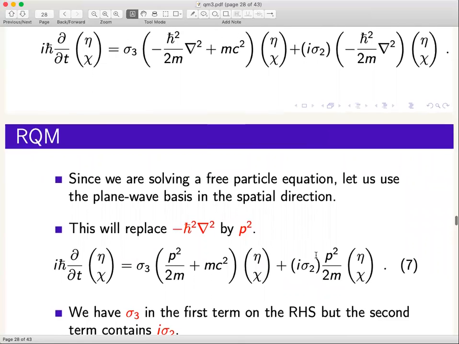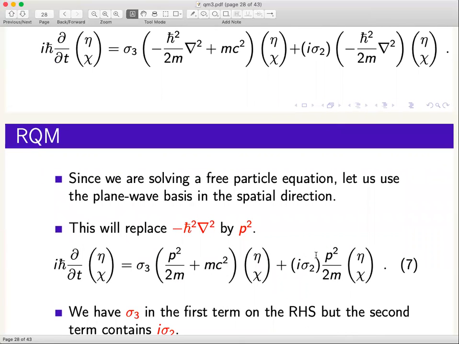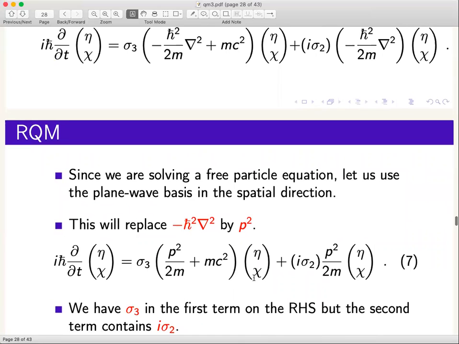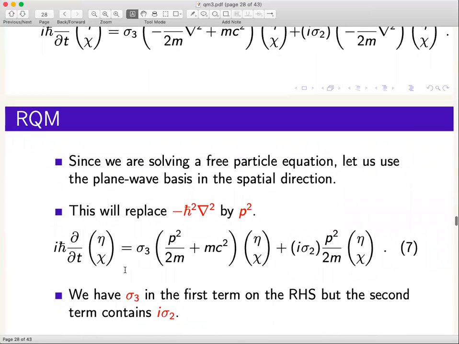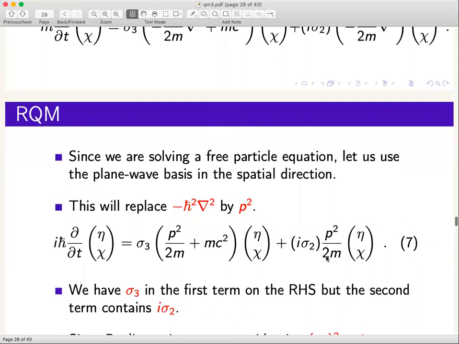Okay, fine. So what we will do now is take the right hand side of this piece and try to diagonalize it. Now notice one thing: although this piece is multiplied by sigma 3, this piece is not multiplied by sigma 2, but it's multiplied by I times sigma 2. Now you know that the Pauli matrices square to 1.